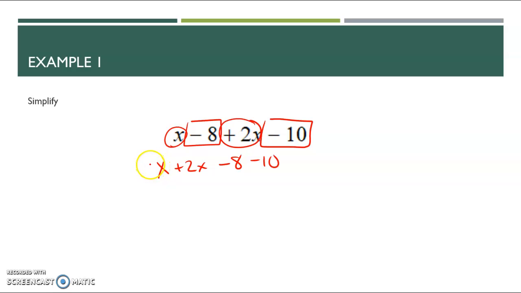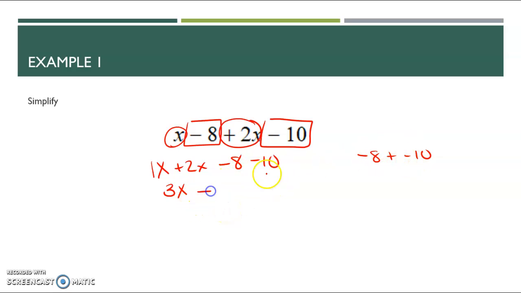Remember that if it doesn't have a number in front of it, it always has a coefficient. It's just that invisible coefficient of 1. So we're going to do 1 plus 2, which is 3, and we keep the x with it. So now we have 3 x's. And then we're doing a negative 8 plus a negative 10, or negative 8 minus 10, which is the same as negative 8 plus a negative 10, which same signs we're going to add and keep the sign.